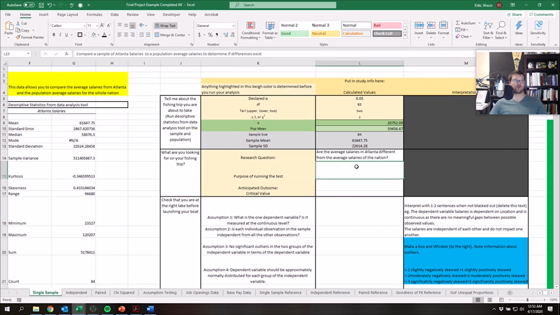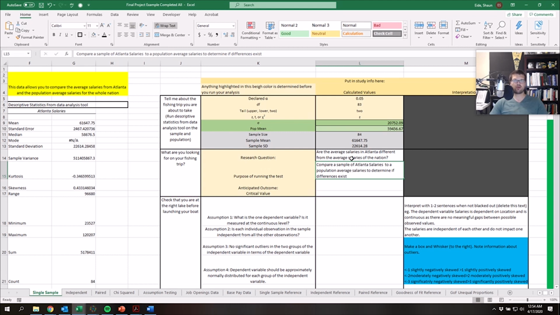And so once again, the purpose of running the test is to compare a sample of Atlanta salaries to the population average salaries to determine if a difference exists. So the research question is basically very reflective of the purpose.